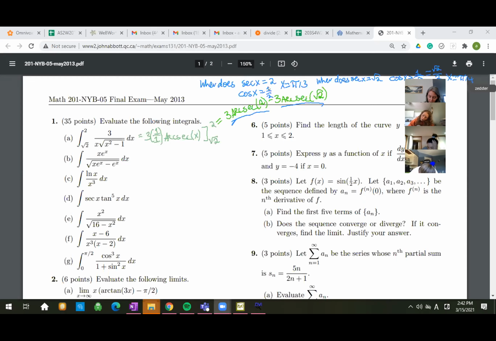So then my final answer here is just 3 times pi over 3 minus 3 times pi over 4, which is pi minus 3 pi over 4, which is actually just pi over 4 for my final answer here.